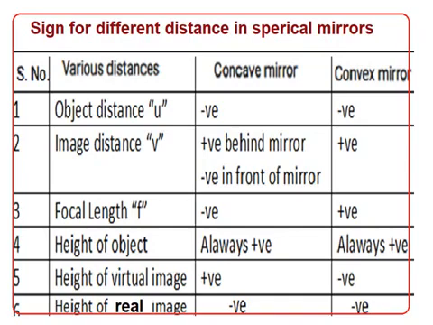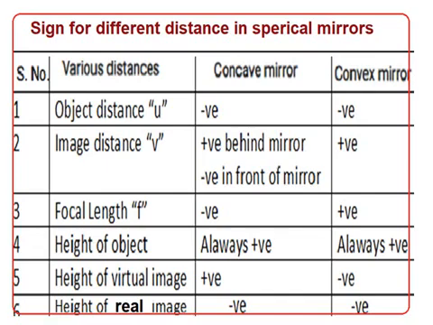For the rest of the positions you will get only a real image. So U, V, F, all 3 are negative because they are on the left side, and only for the virtual image you get V as positive.